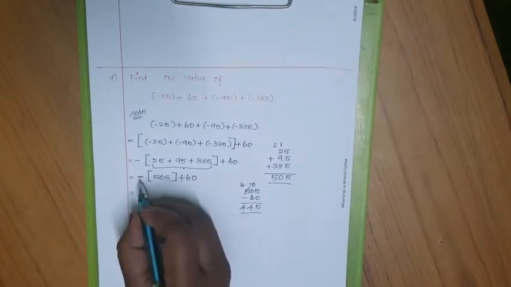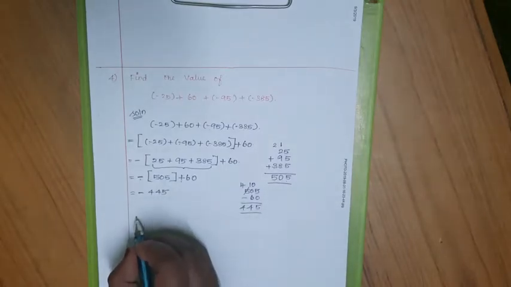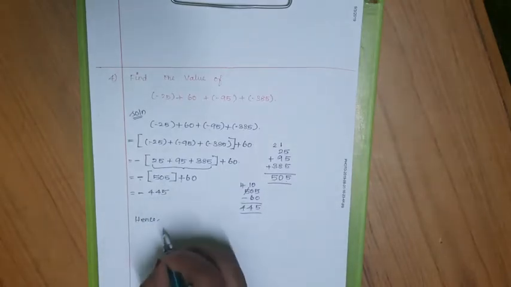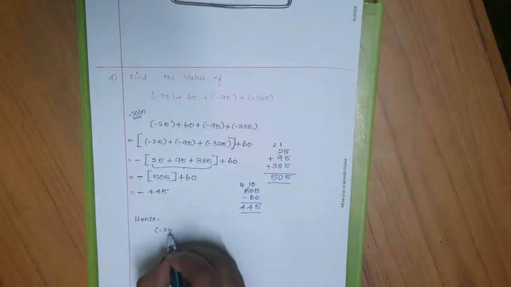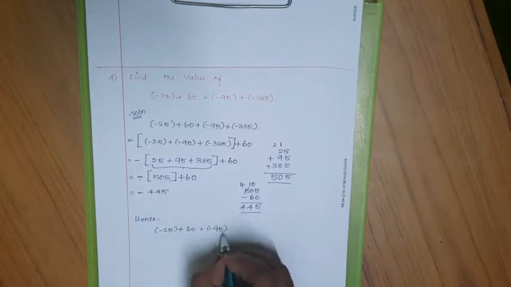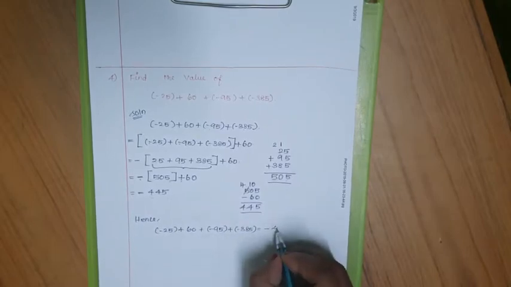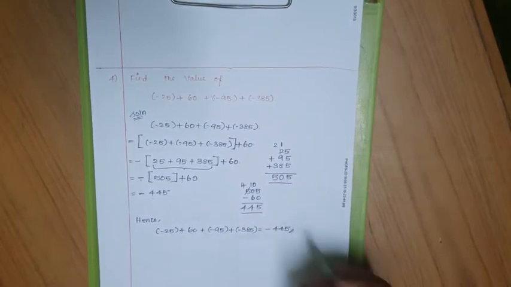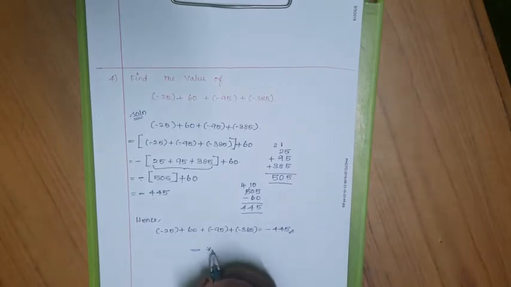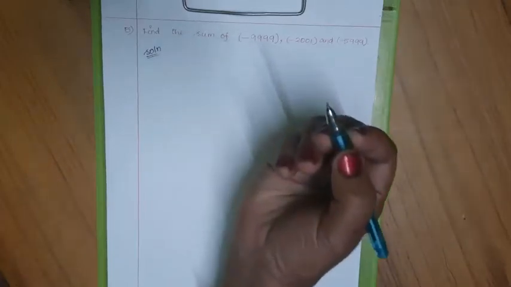Put the sign of the greater number, so minus 445. Hence minus 25 plus 60 plus minus 95 plus minus 385 is equal to minus 445, which is the required answer. Let's see the next question, number 5.